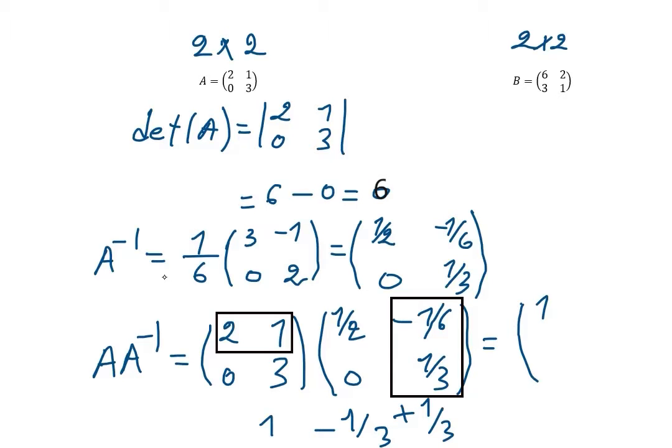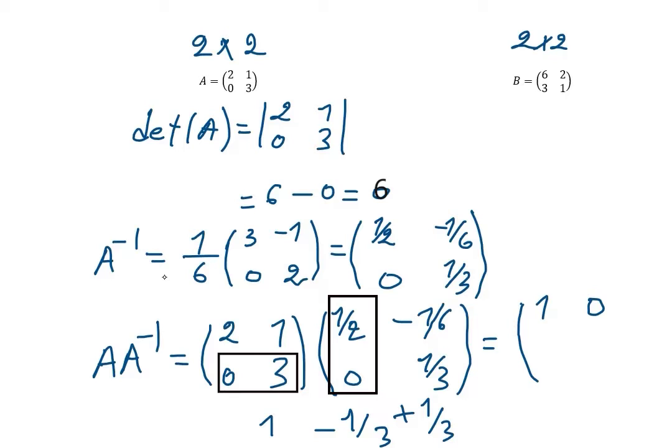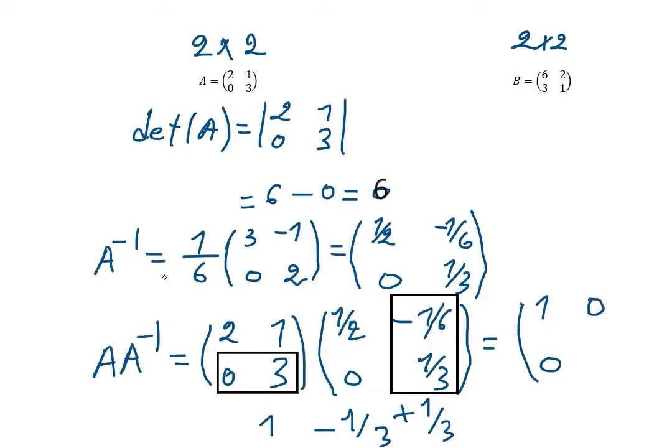When we multiply this row with this column, it is 0 times 1/2 plus 3 times 0, which is 0. And this row times this column is 0 times minus 1 over 6, which is 0, plus 3 times 1/3, which is 1. So this is the identity I2.